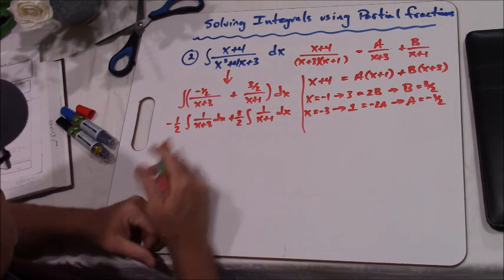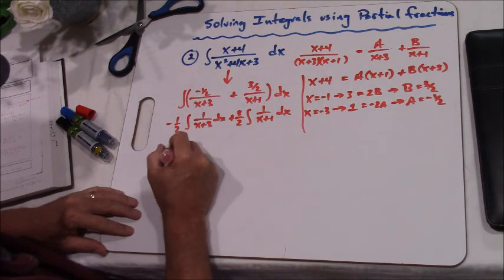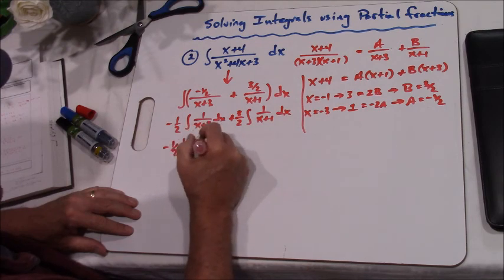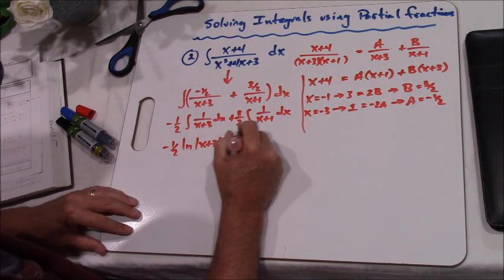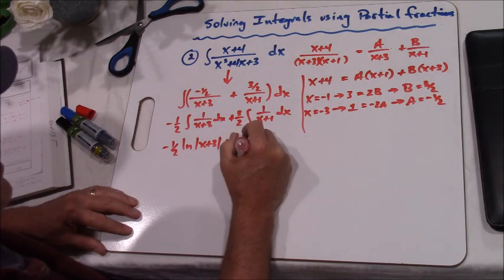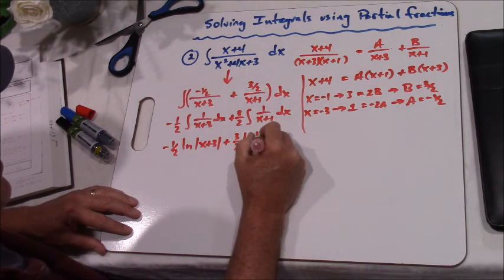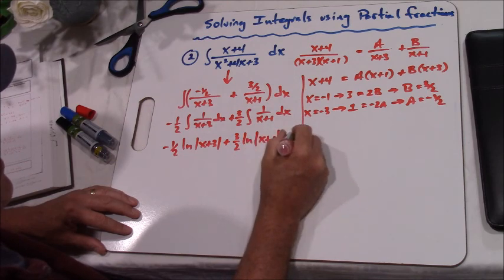And so if I look at that, I've got a negative 1/2 natural log absolute value of x plus 3 plus 3/2 natural log absolute value of x plus 1 plus c.